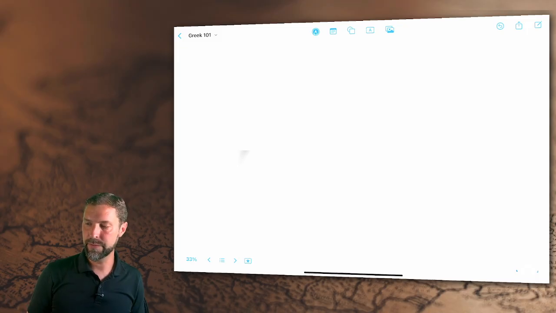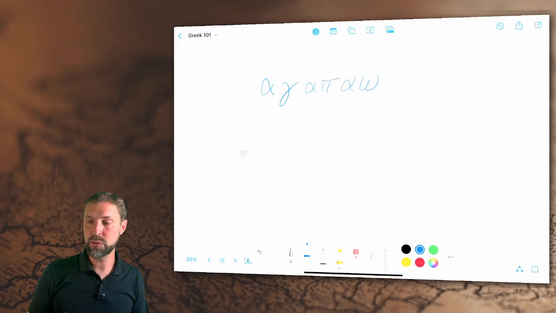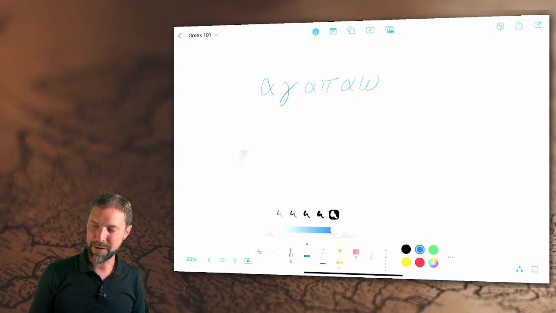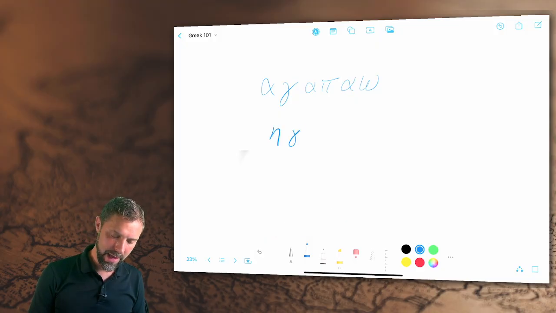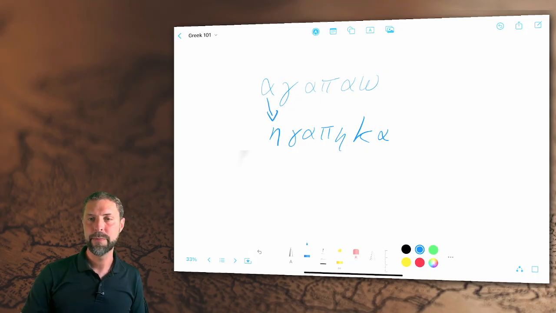Okay, so one of these that does exactly this kind of pattern is a favorite verb, or a familiar verb anyway, agapao. And agapao, when turned into the perfect, the perfect of agapao is going to be agapeka. Okay, and in this case, what I've done is I've taken the alpha, and I've turned the alpha into an eta.